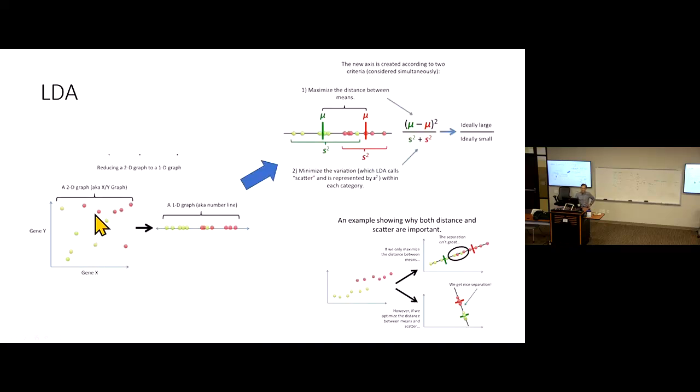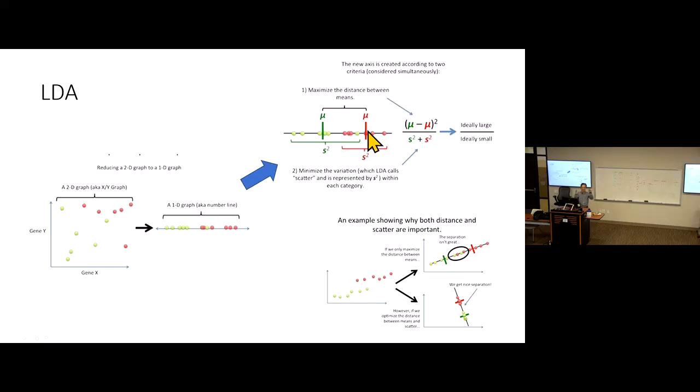So this is a dimensionality reduction. You reduce 2D into 1D. Depending on how you select your 1D axis, you try to maximize this mean difference. Okay, you have a green mu and a red mu. They're in different locations.